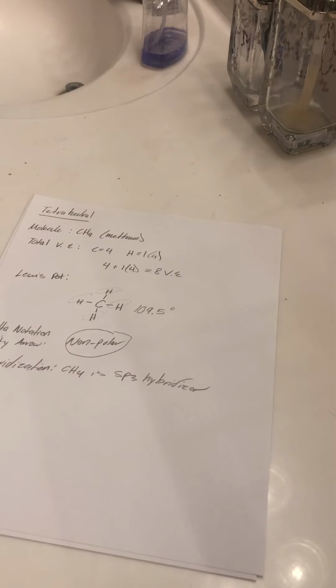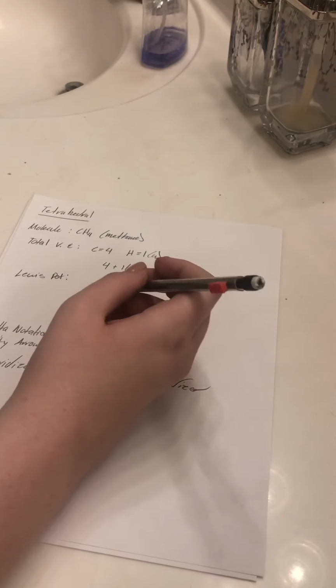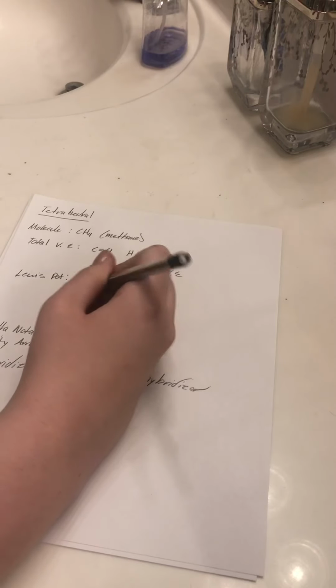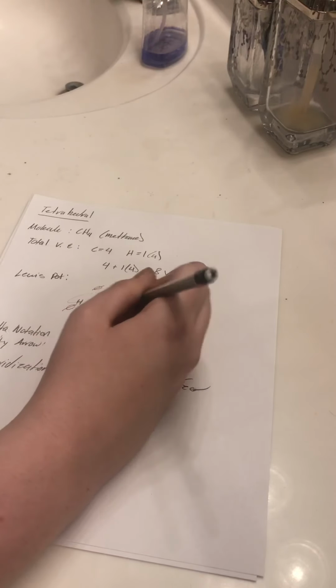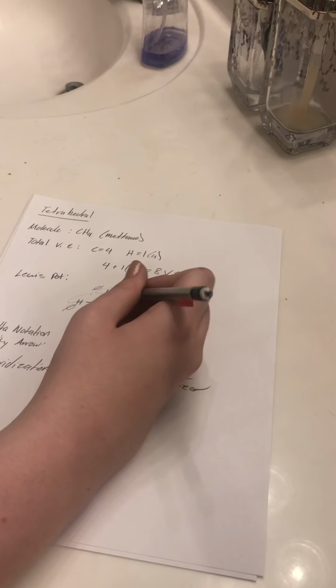And then for the formal charges, I'm going to represent it up here. But the formal charges of all the hydrogens is going to be 0. 0, 0, 0, 0. And then the carbon as well is going to have a formal charge of 0.